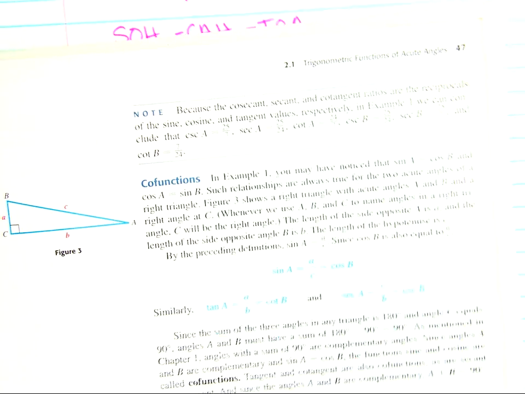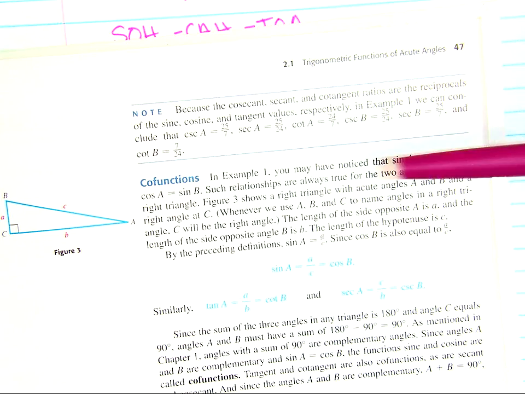Okay, so let's go back to where we were reading. It says, and cosine of A is equal to sine of B. Such relationships are always true for two acute angles of a right triangle. So C was our right angle. The other two have to be acute angles because altogether it's 180 degrees.